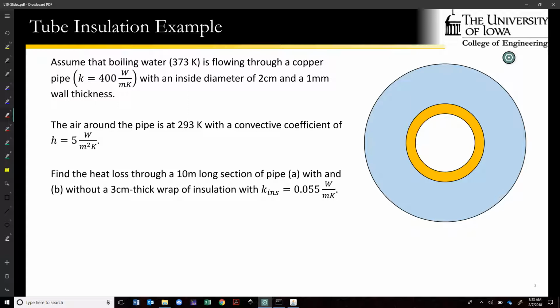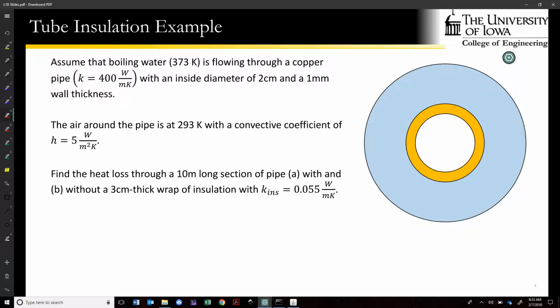We want to figure out the heat loss through a 10-meter long section of this, A, if we include this blue wrapping of insulation, which has a conductivity given here and is 3 centimeters thick, and B, without that, so if it was just the bare pipe.